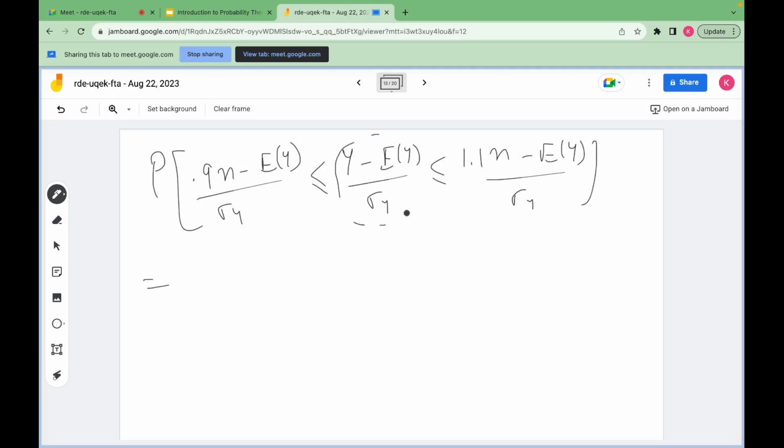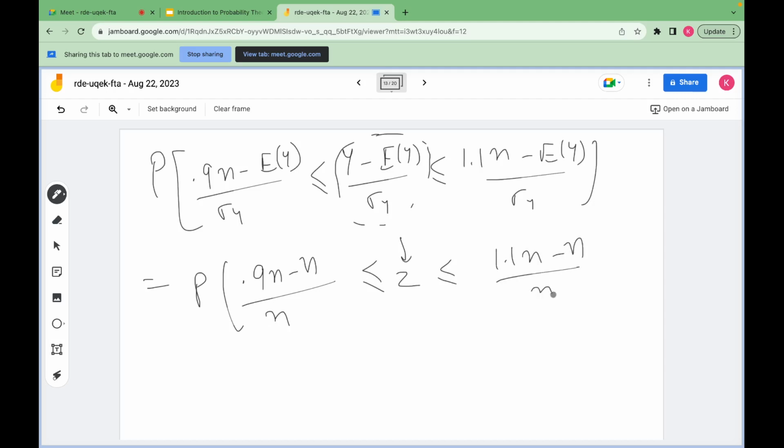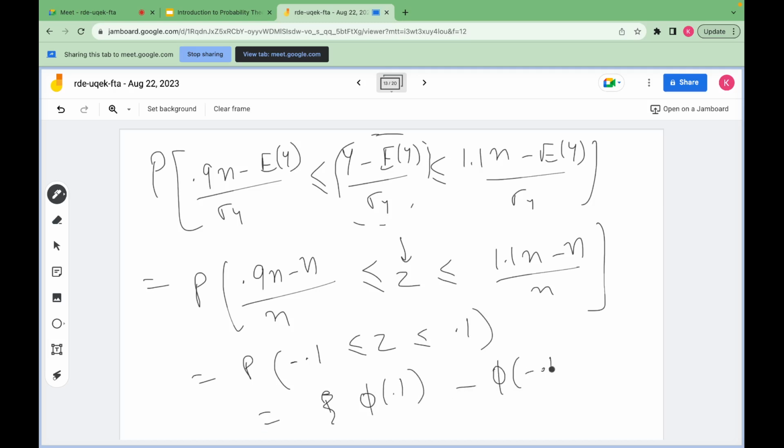This is a standard normal distribution, which I am taking as z. So this is from minus 0.1 root n to 0.1 root n. This is nothing but psi at 0.1 root n minus psi at minus 0.1 root n. So from the chart we can find these values.